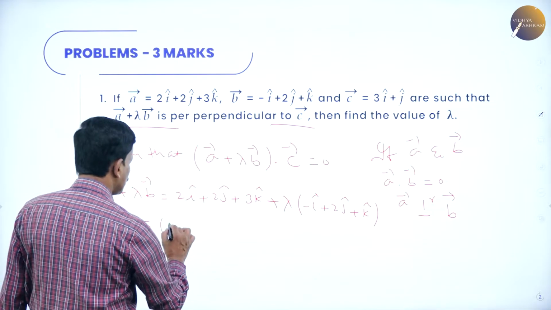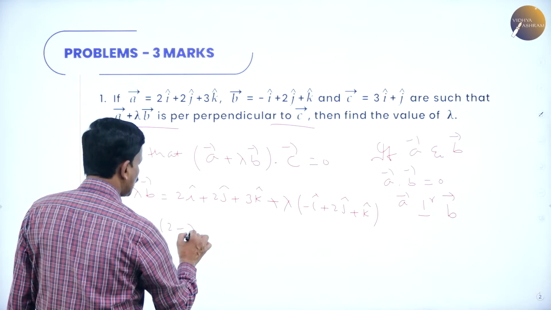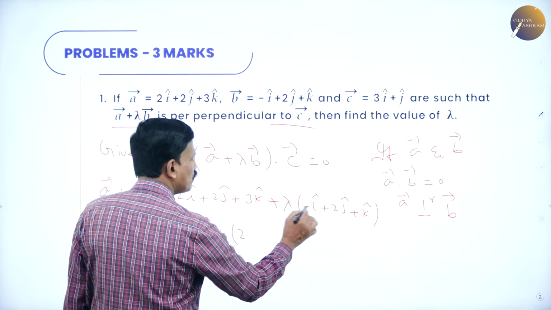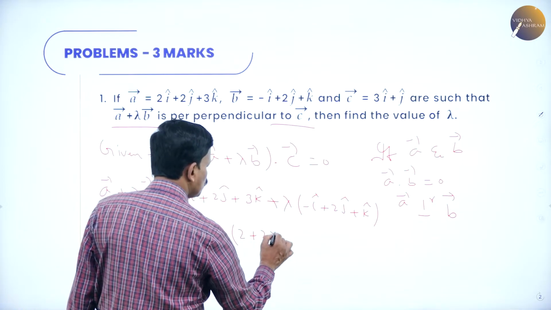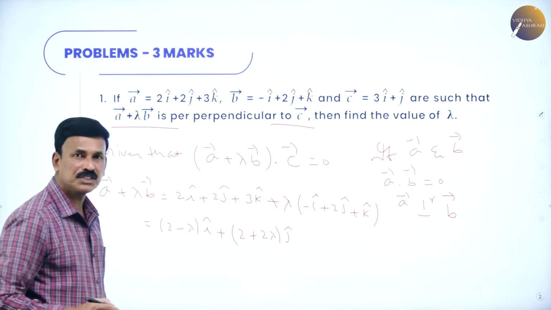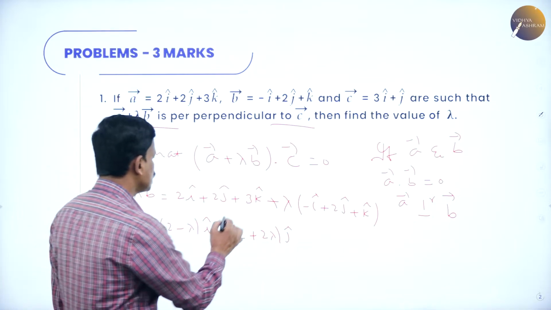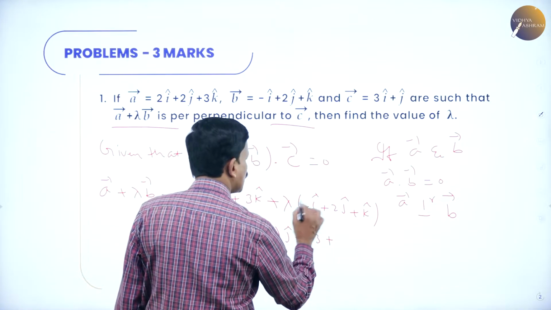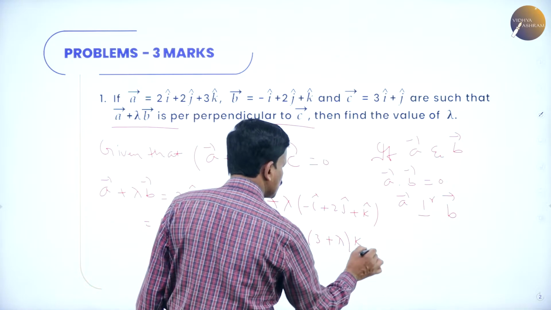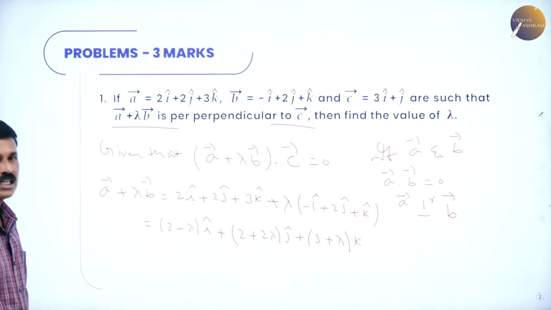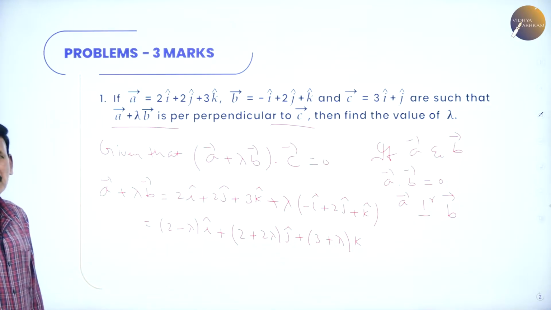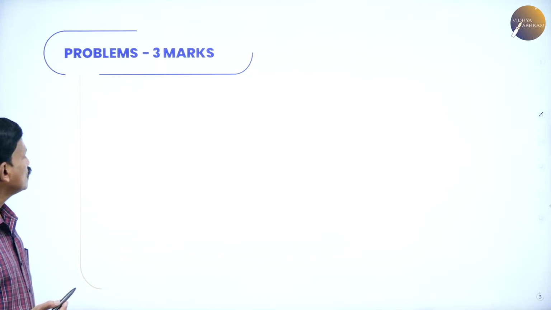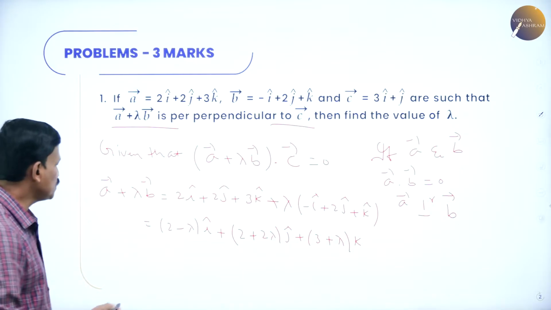So this can be written as 2 minus lambda into i, plus 2 into lambda is 2 lambda into j, coefficients of i, j, k addition of vectors, plus 3 plus 1 into lambda is lambda times k. This is the value of vector A plus lambda B. Now apply the dot product of this and C, you will get the answer. Now I'll go to the next page.